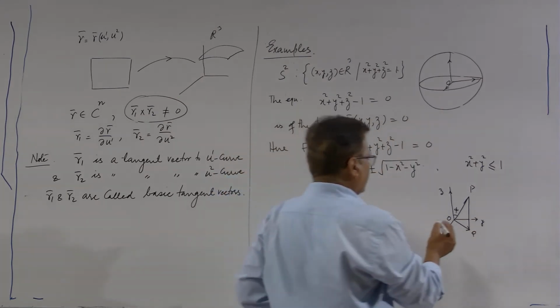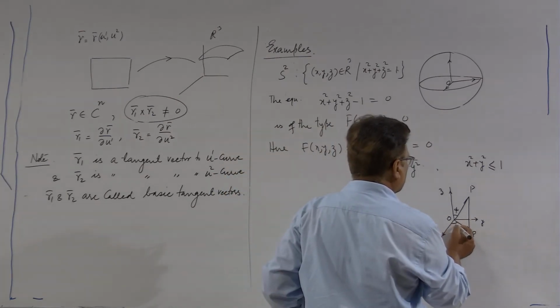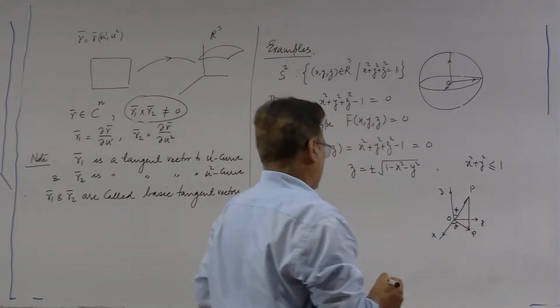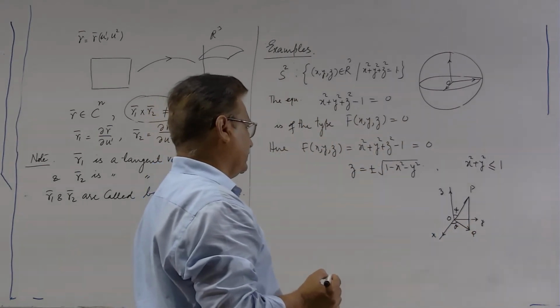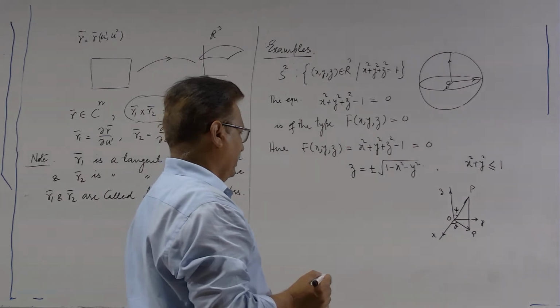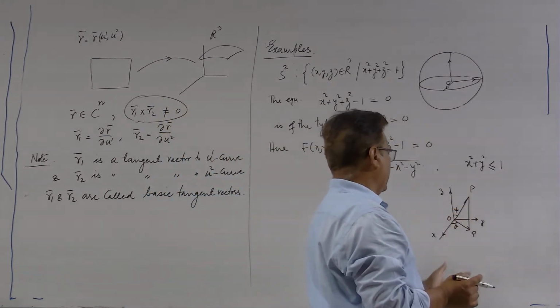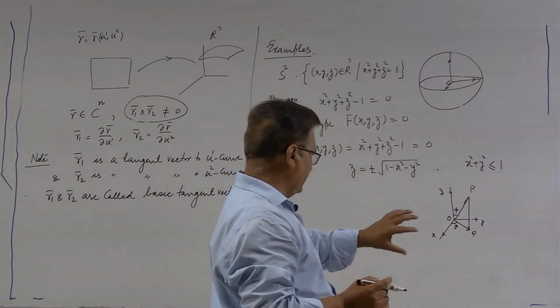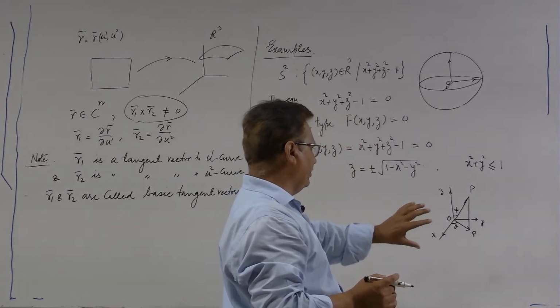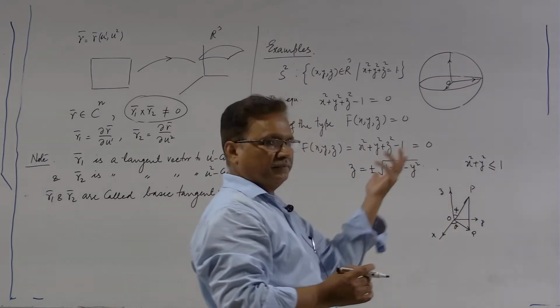If OQ makes an angle theta, then I get 2 variables, theta and phi. If I fix the length of the vector as 1, then varying theta and phi will determine a sphere.